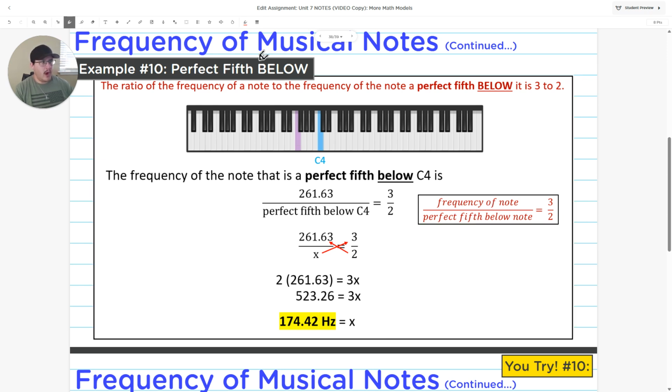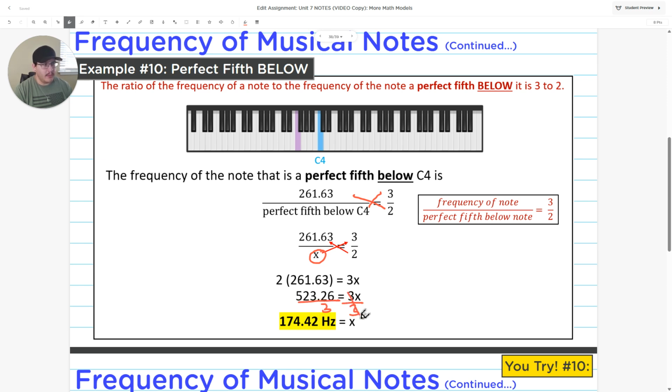We're going to cross multiply to find our answer here, because essentially what the bottom becomes is an unknown variable, x. So we need to solve for x through proportions, cross multiplying those proportions. So 3 times x is 3x. 2 times 261.63 turns into 523.26.